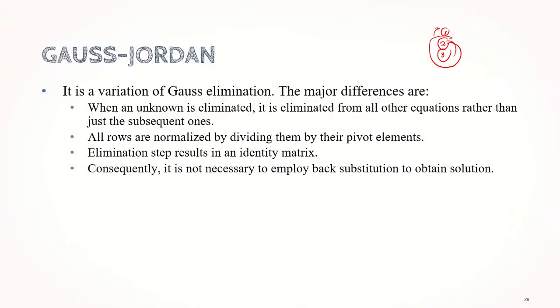For example, for row 2 we have a different pivot element, and for row number 3 we have a different pivot element, and so on. However, for Gauss-Jordan we are going to divide by their pivot elements, and then the elimination step results in an identity matrix, if you remember, and consequently it is not necessary to employ back substitution to obtain the solution.